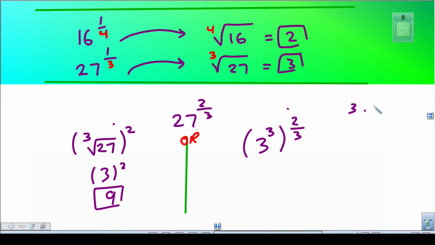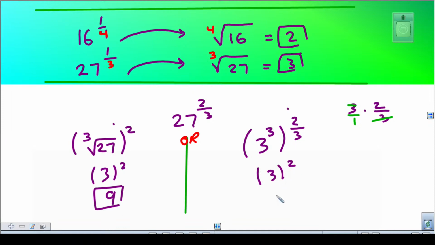I could make this 3 a fraction, by the way. So like this. And then I'm just going to see if I could use my fruit ninja and try to simplify. And I'm left with 2. So 3 times 2/3 is going to give you 2, which means 3 to the second power.